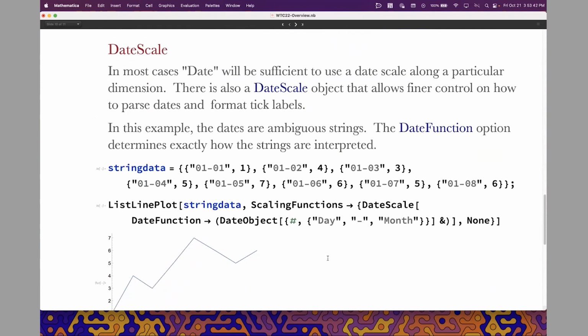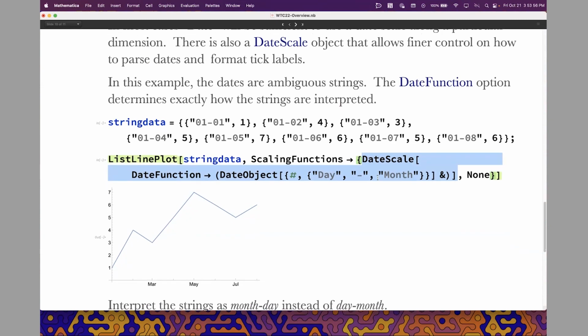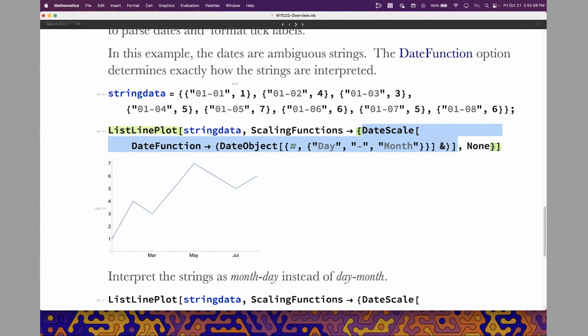But if it's not, there is a date scale, more verbose thing that allows you to say, how do I want the ticks to be formatted? How do I want to interpret the dates? So here we have our data is some sort of string month, day, maybe day, month form and a height.